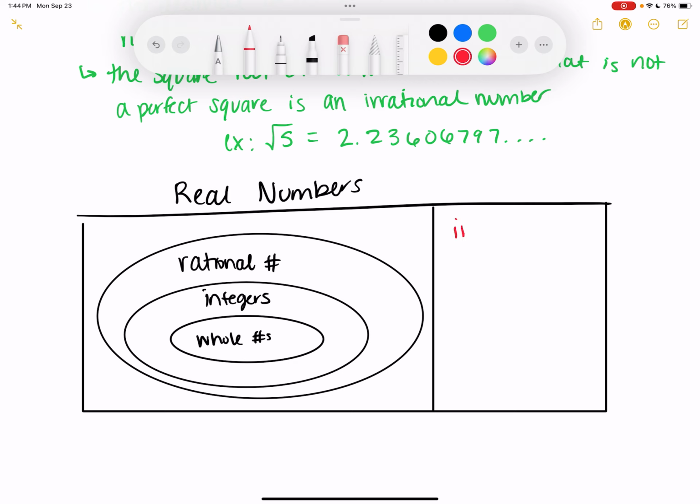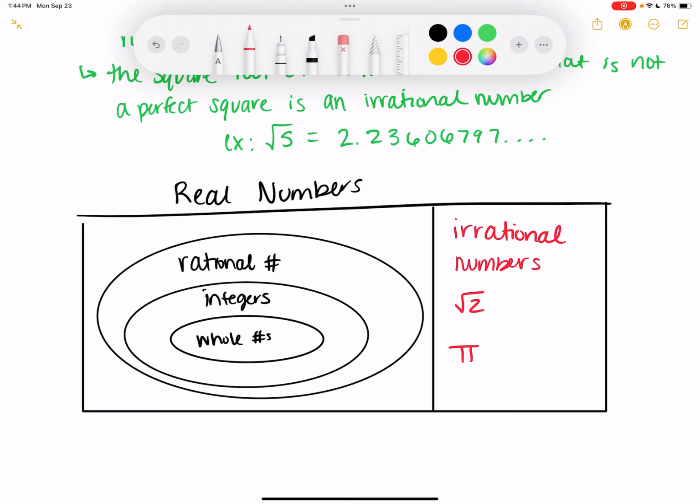All right, now over here I have irrational numbers, which is new from what I had the other day. Irrational numbers are things like the square root of 2, pi. Pi is a number.